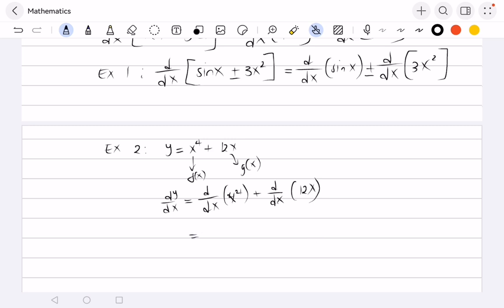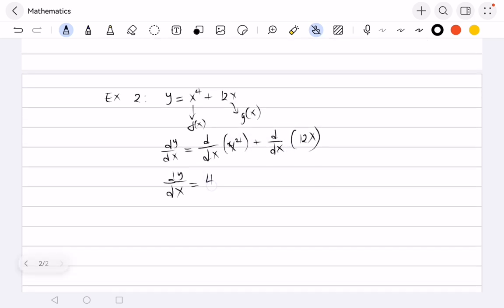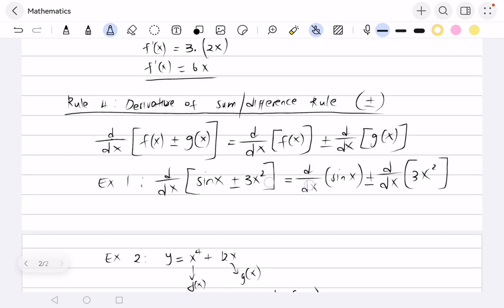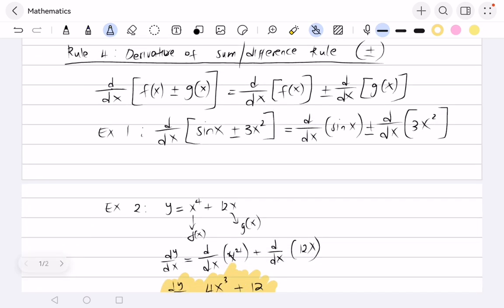Then dy over dx is going to be 4x cubed plus 12. This here is your final answer. So this rule is the sum or difference rule.